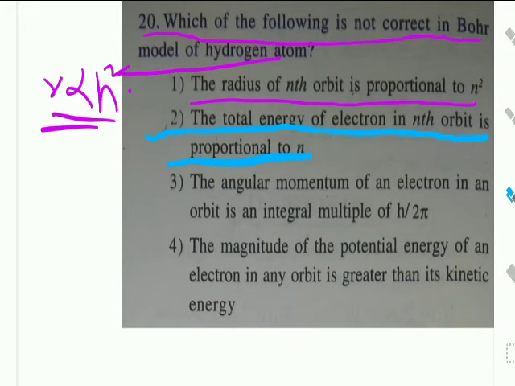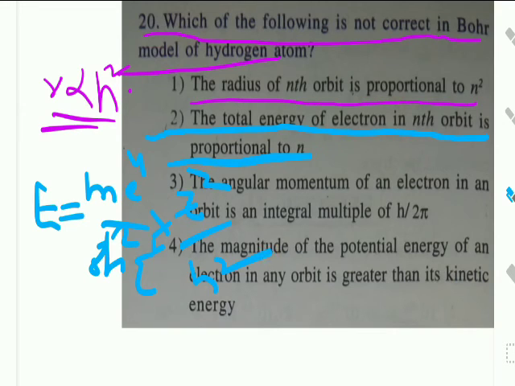The nth orbit total energy formula is E equals m e to the power of 4 by 8 h square epsilon naught square into z square by n square.